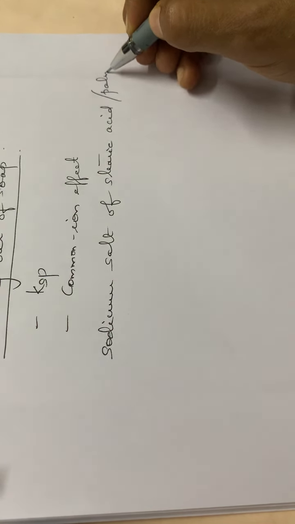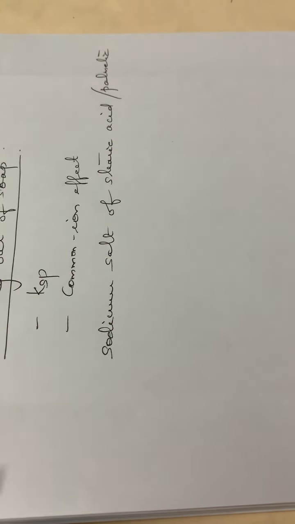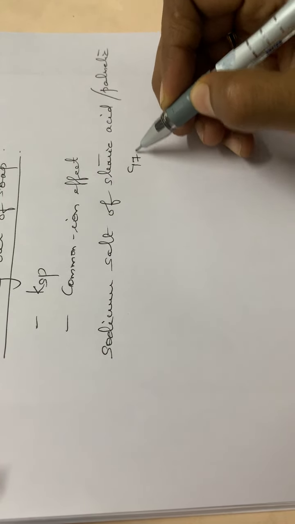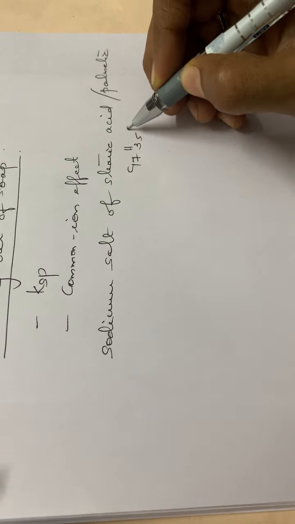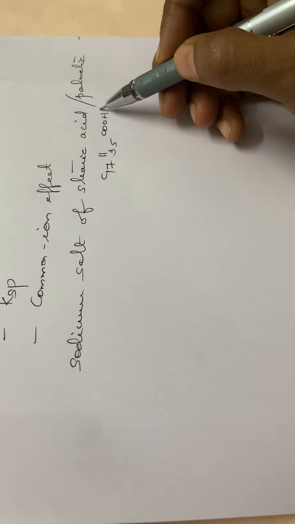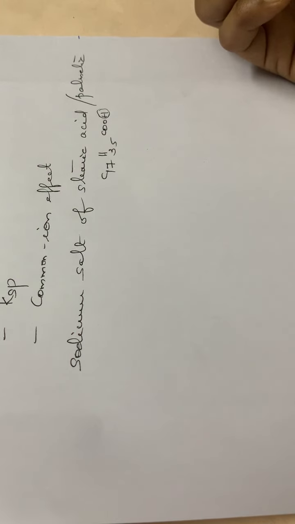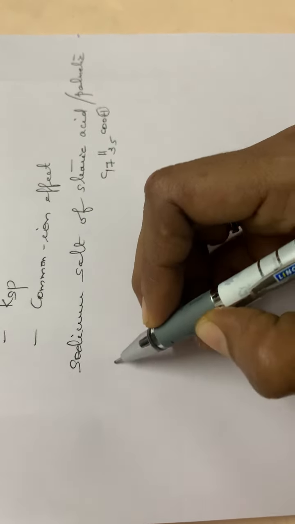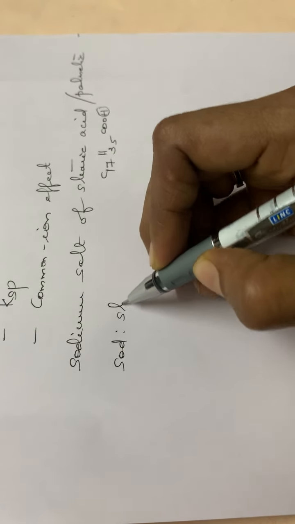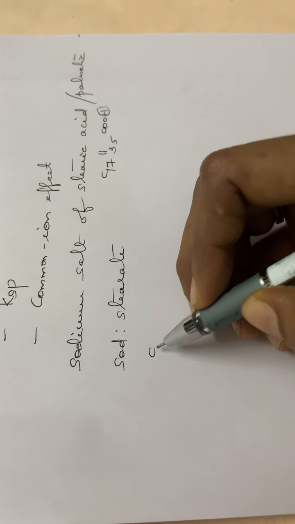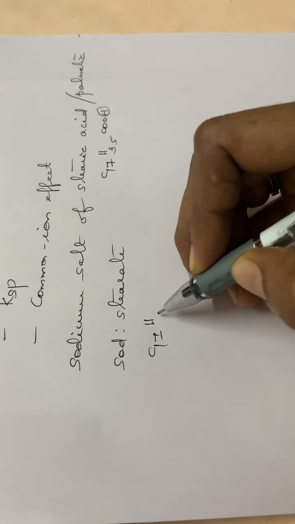Here we are discussing stearic acid, the formula is C17H35COOH. The sodium salt means this hydrogen will be replaced by a sodium atom. So the sodium salt of stearic acid will be sodium stearate, and the formula is C17H35COONa.